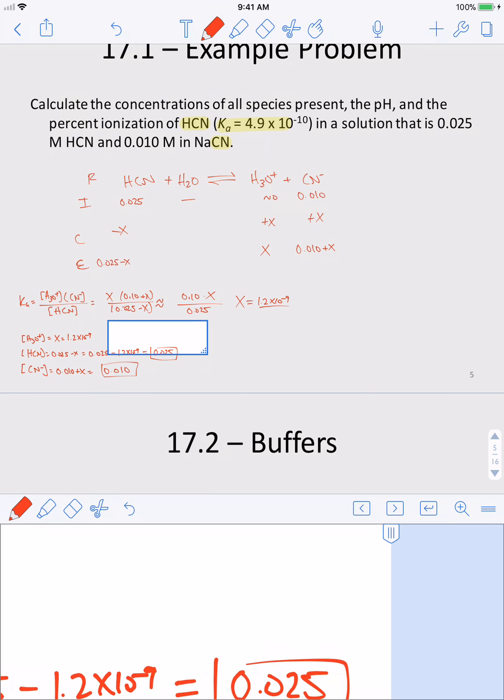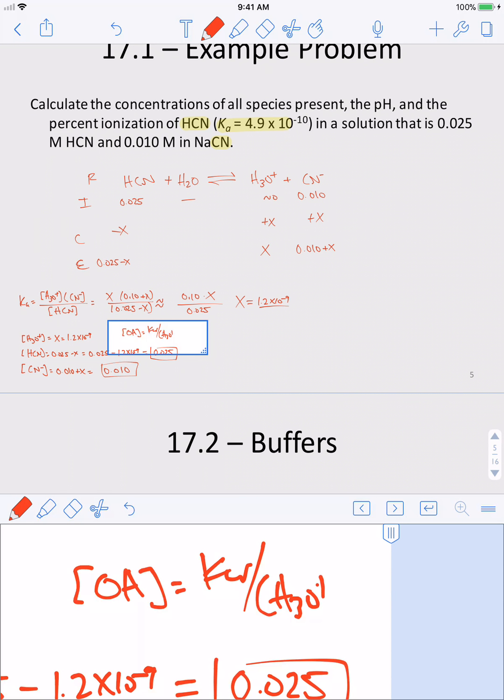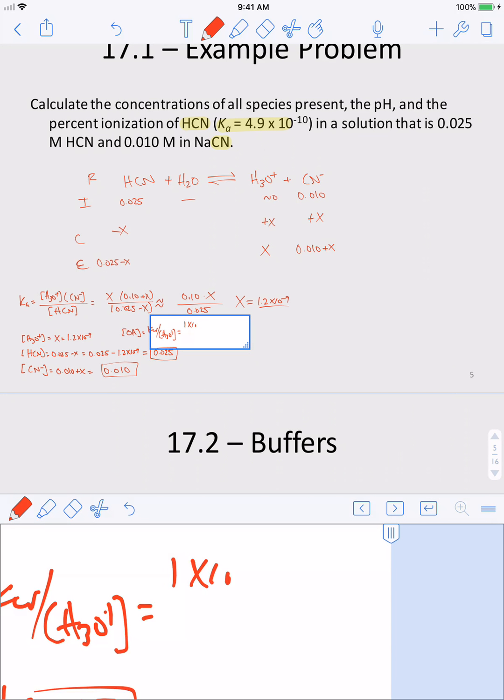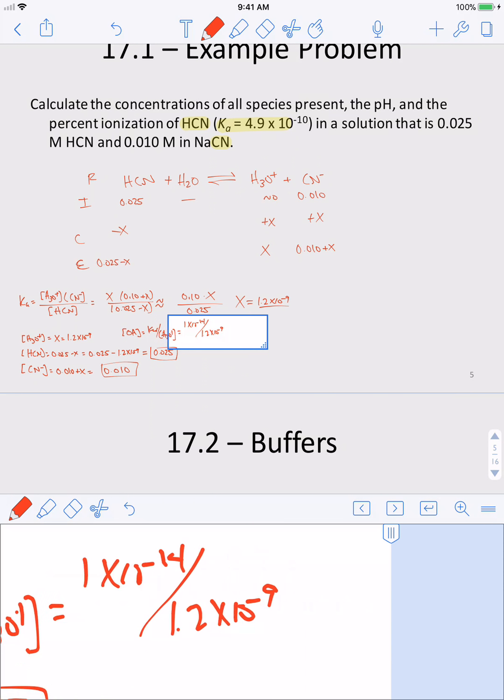All right, the only other one is hydroxide. So if we have hydroxide, we have Kw divided by H3O+. Hydroxide is going to be 1 times 10 to the negative 14 divided by 1.2 times 10 to the minus 9. This is 8.3 times 10 to the minus 6.